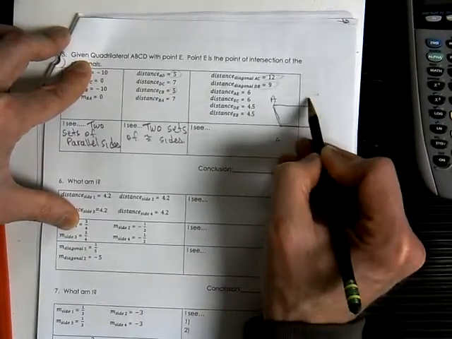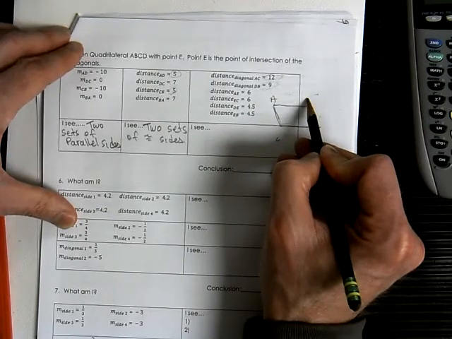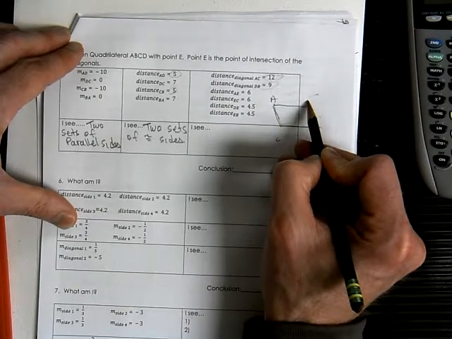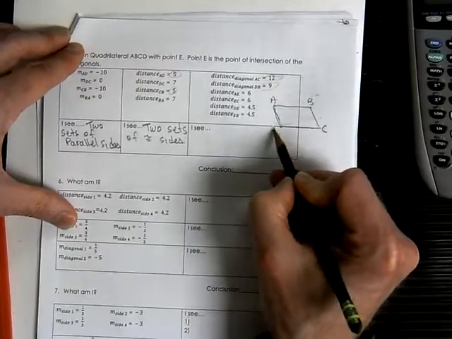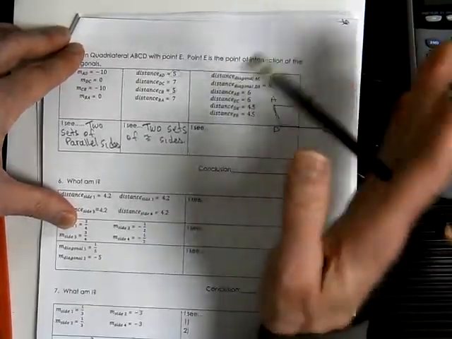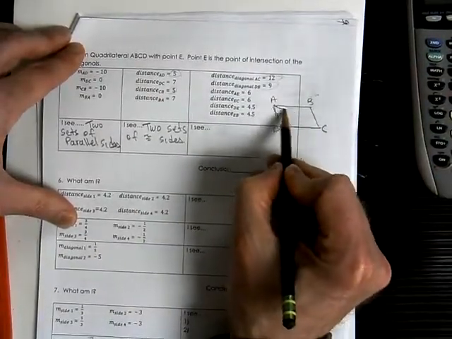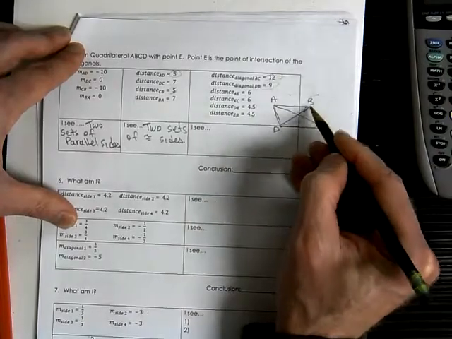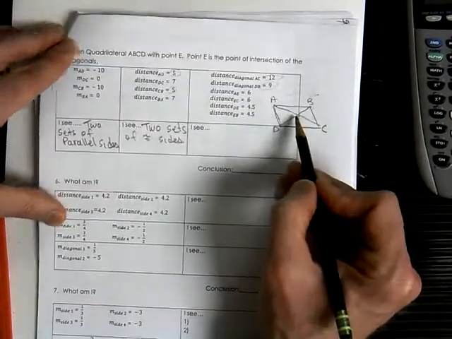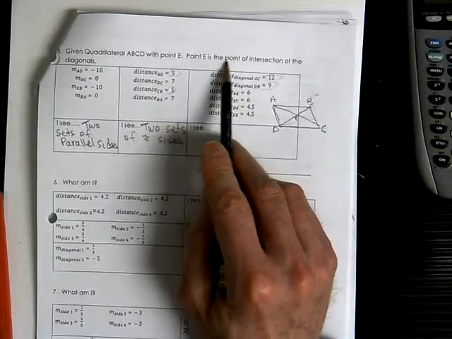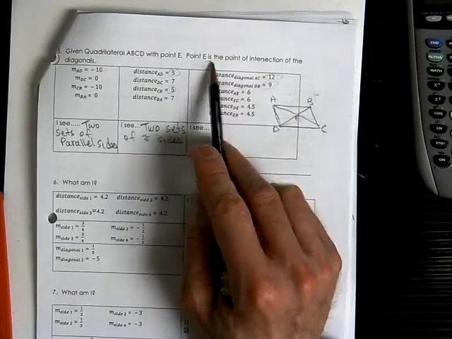If this was the A and the B, C, and D, E is supposed to be this point that's the intersection of the diagonals.